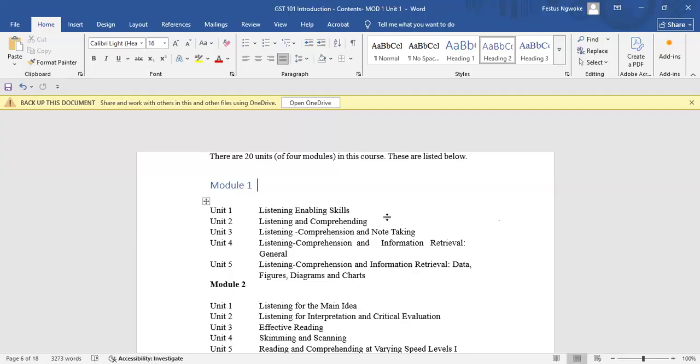That is for you to see the great portion that is allocated to listening. If listening alone takes 53, then reading, speaking, and writing take 47%.